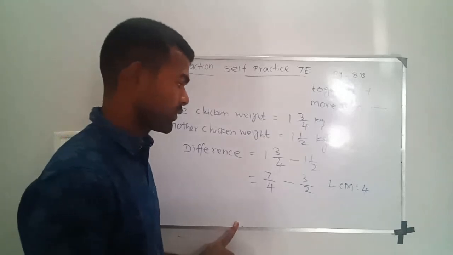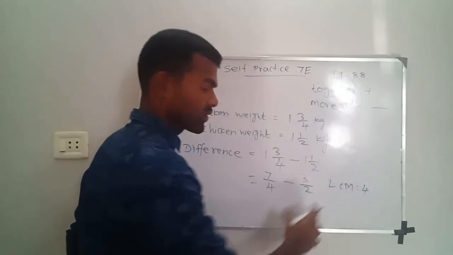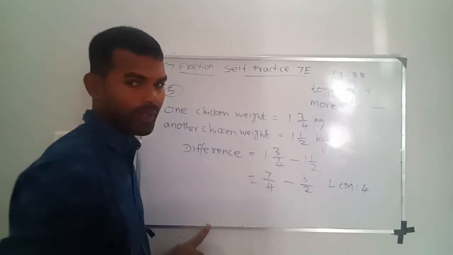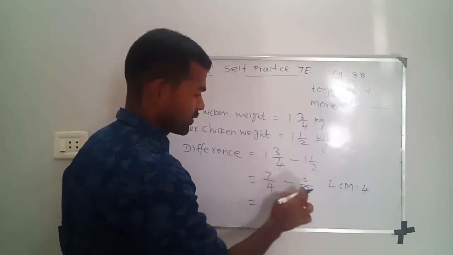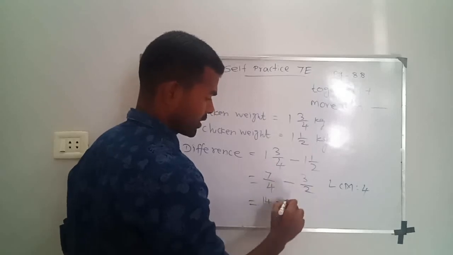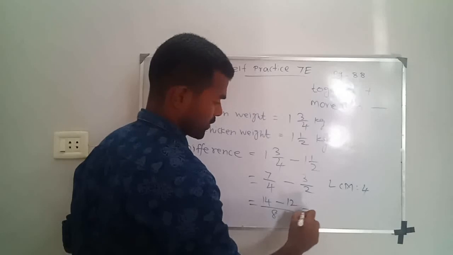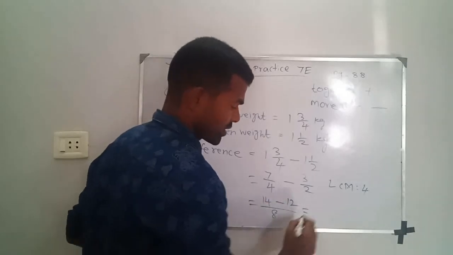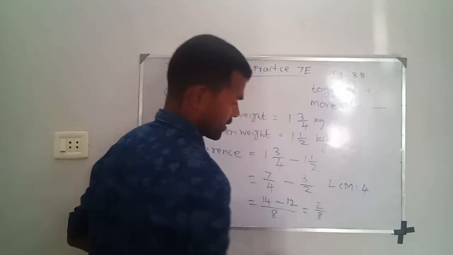So I told you, instead you can take the LCM and do it, or else you can do cross multiply. Okay, do cross multiply. 7 twos are 14 minus 4 threes are 12, by 4 twos are 8. Equal to 14 minus 12, how much? 2 by 8.